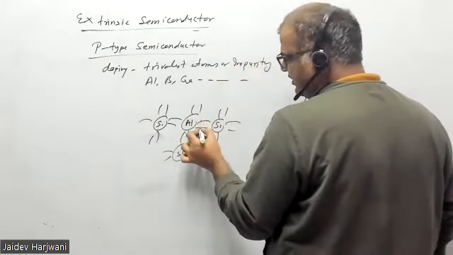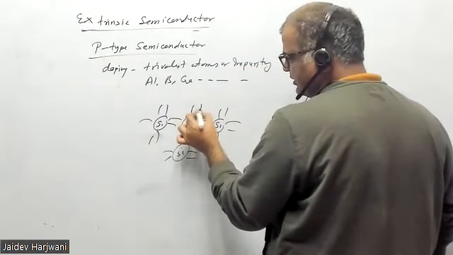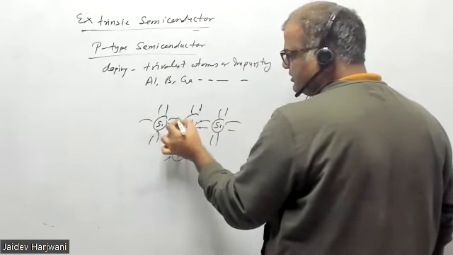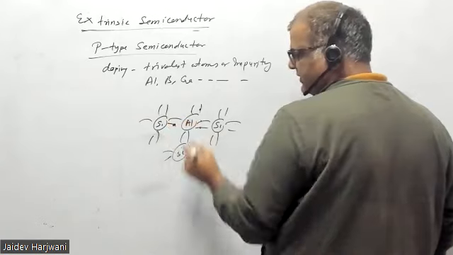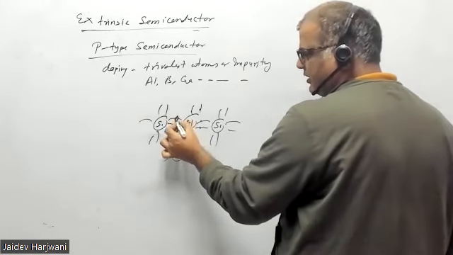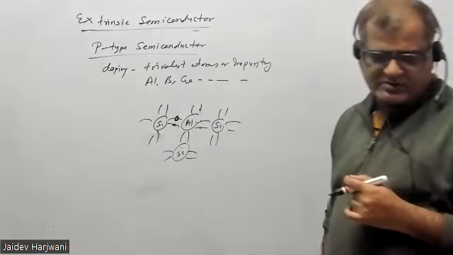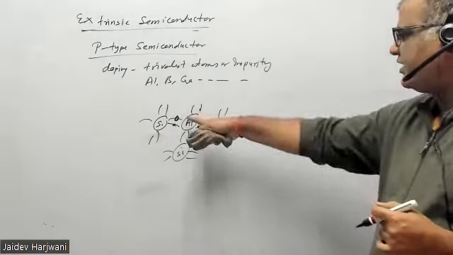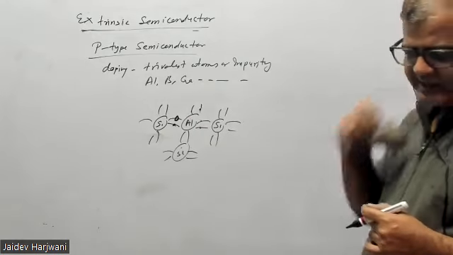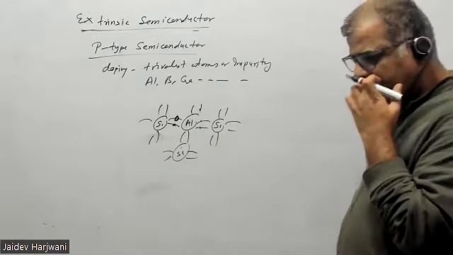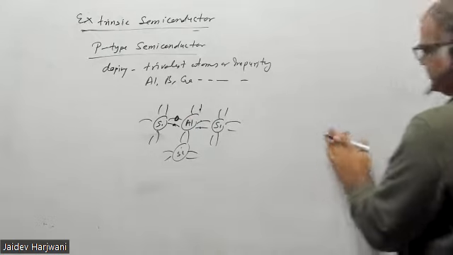So it has only three electrons. So now it cannot share here. So here is the vacancy, because this can only share 3 electrons with the neighboring atoms. So one hole is present in the lattice. Wherever the impurity atom is there, one vacancy is there. A vacancy is called a hole.